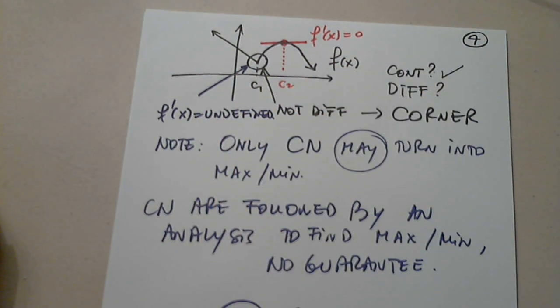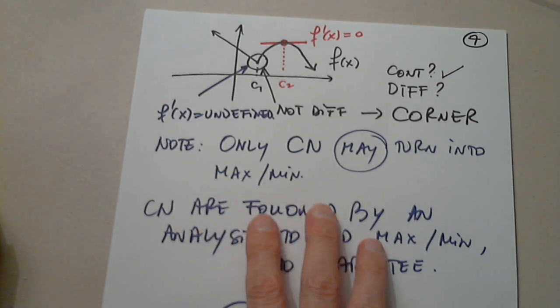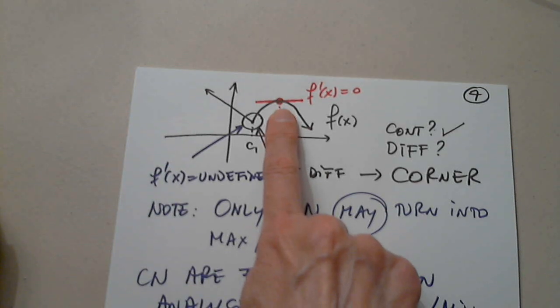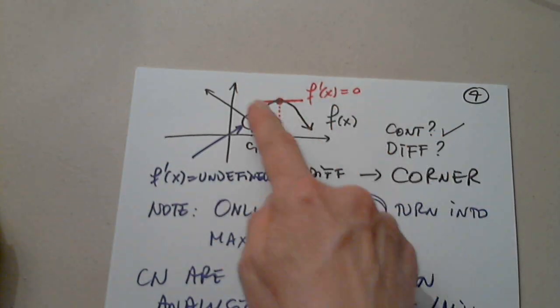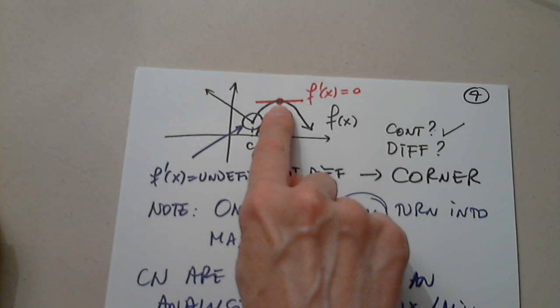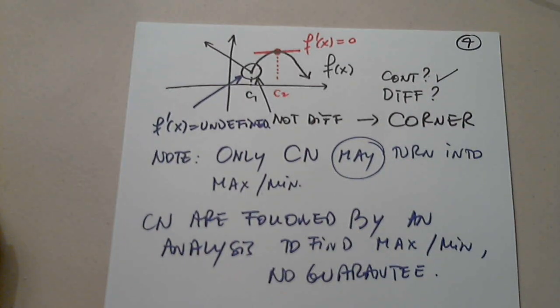So now I'm going to share my screen again. So it's from f prime being undefined. Is it clear that this is this situation? Yes, it's this situation, but reversed. Okay. Good.